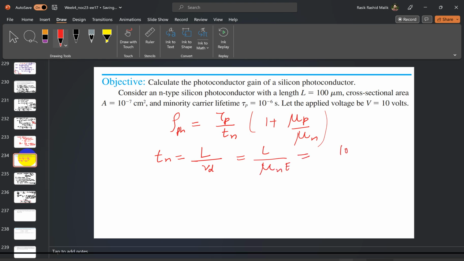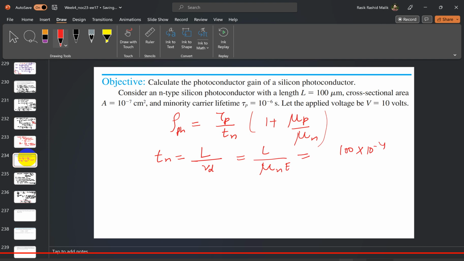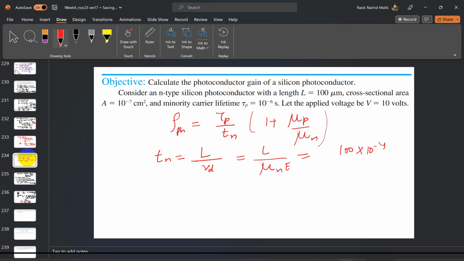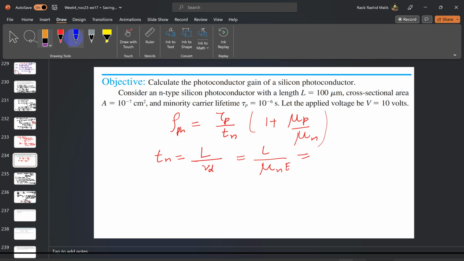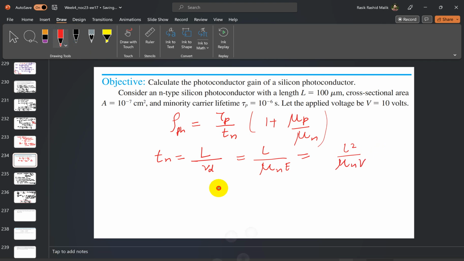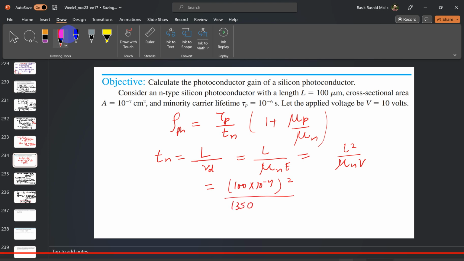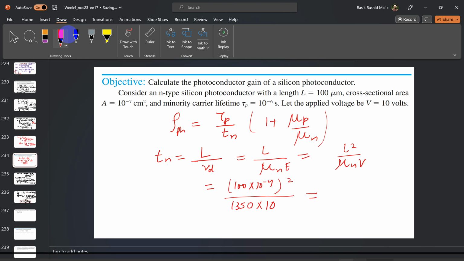Length is 10 to the power minus 4, and then we have the voltage given, so electric field can be simply written as V by L. So we have L square, meaning (100 into 10 power minus 4) square, divided by 1350 into voltage applied, which is 10.